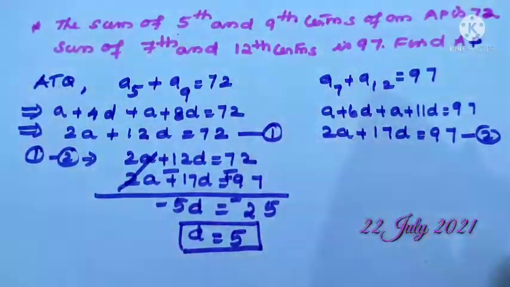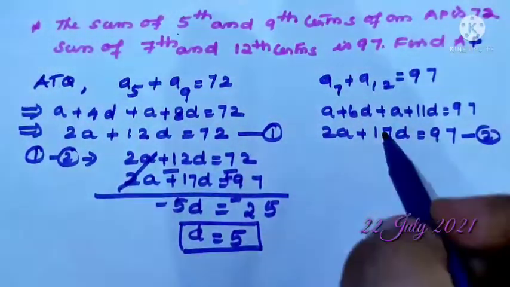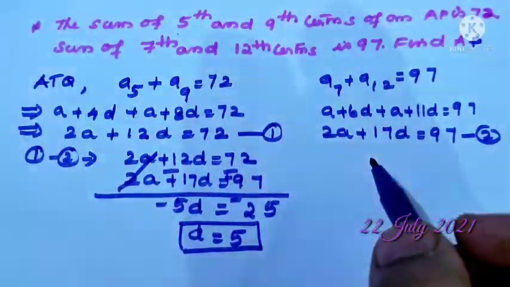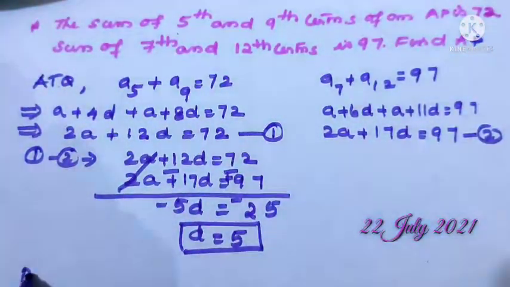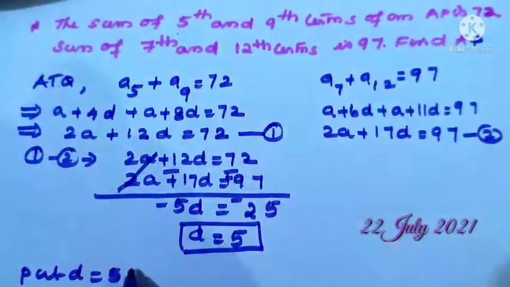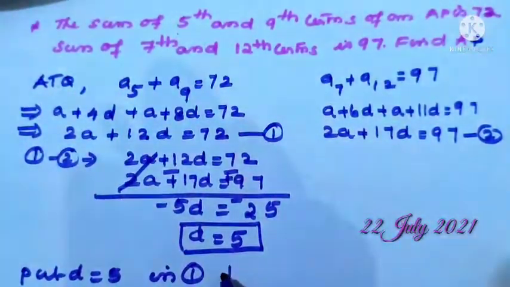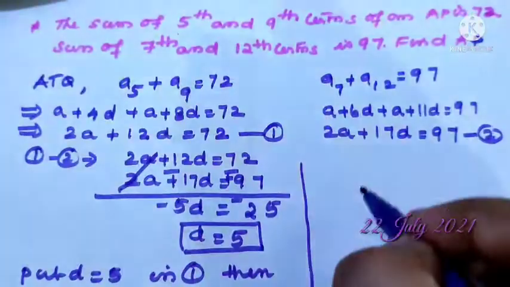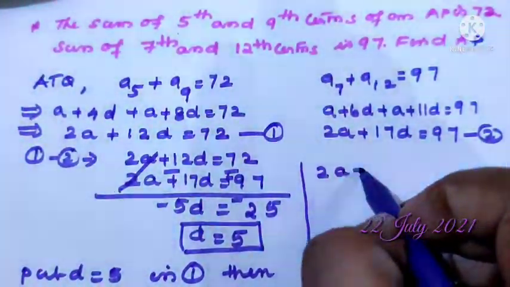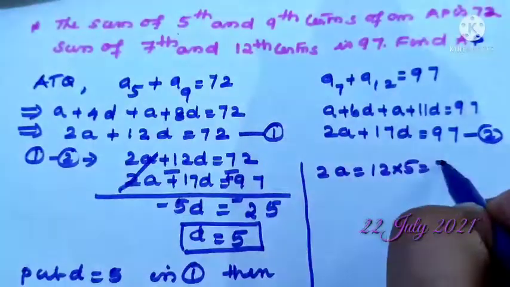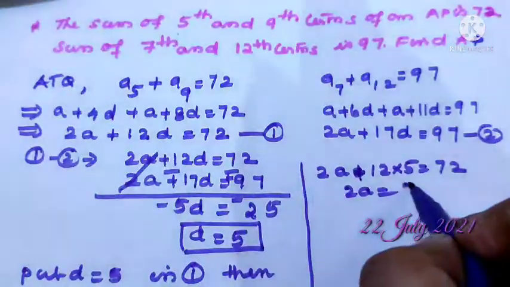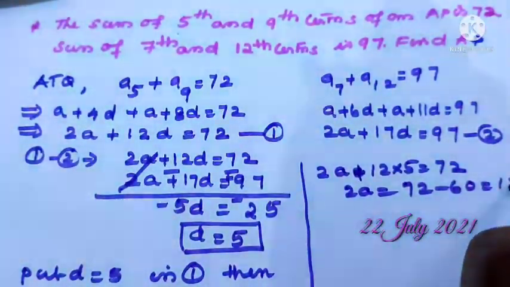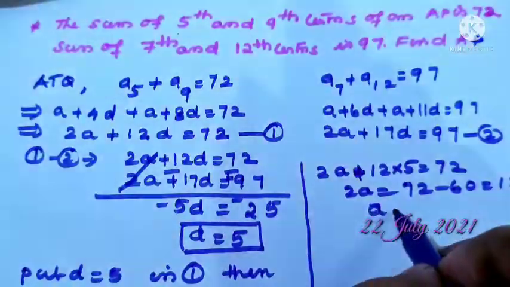Now D equal to 5, next we have to get the value for A only. Put D equal to 5 in 1, then we have, here I'll write 2A plus 12 into 5 equal to 72, that is 2A plus 60 equal to 72, 2A equal to 72 minus 60, it is equal to 12, so A equal to 6.